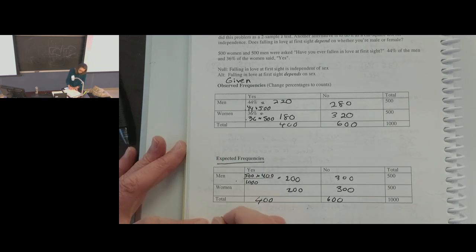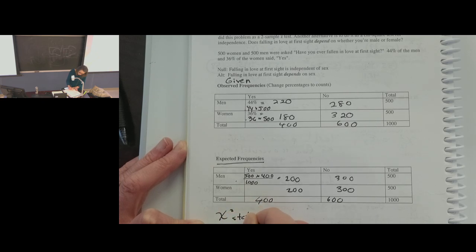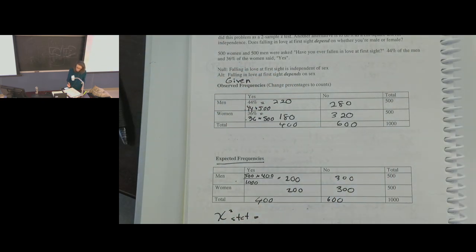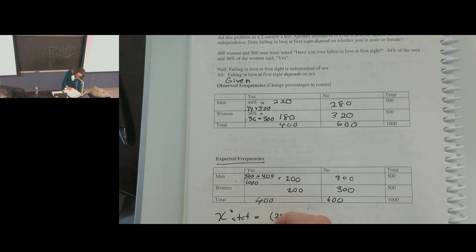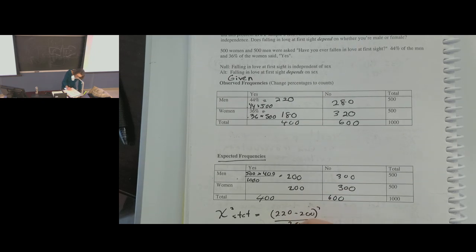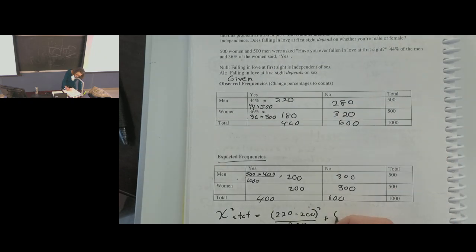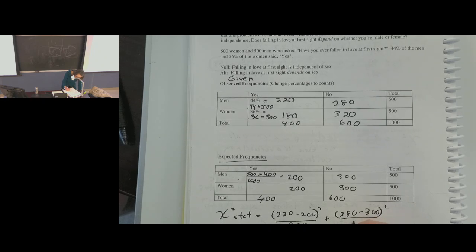All right, so what's our chi-square stat? It's easier to do because we only have 4 categories here. So for each one of these, I'm just going to do the top row: 220 minus 200 squared over 200, plus 280 minus 300 squared over 300.